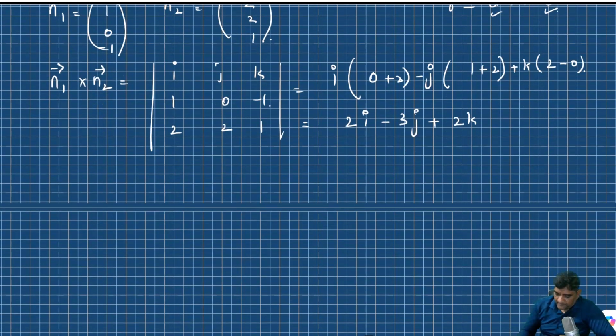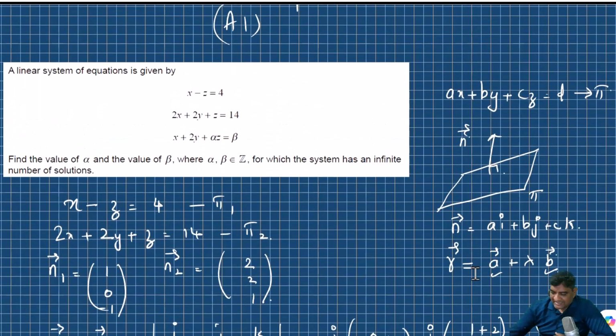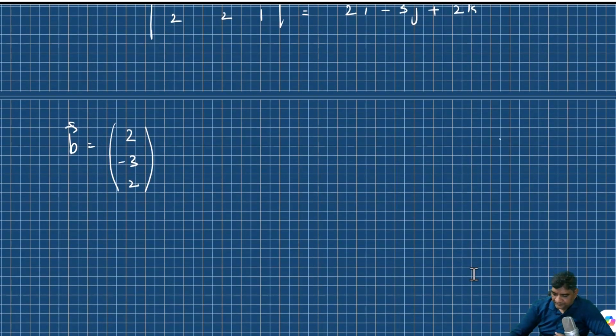Okay, so can I then say that the b vector is going to be (2, -3, 2). So I got the b vector, which is a parallel vector, and I also know that pi 3, x + 2y + alpha z = beta, is a plane passing through the line of intersection.